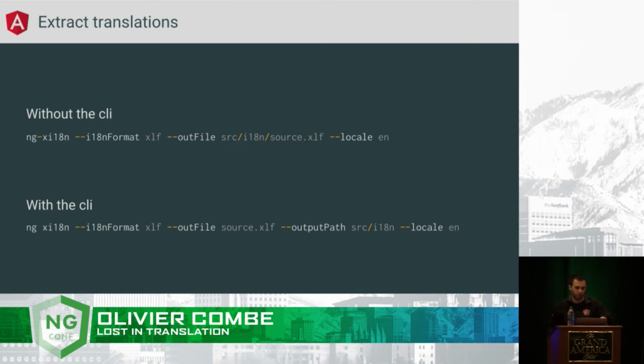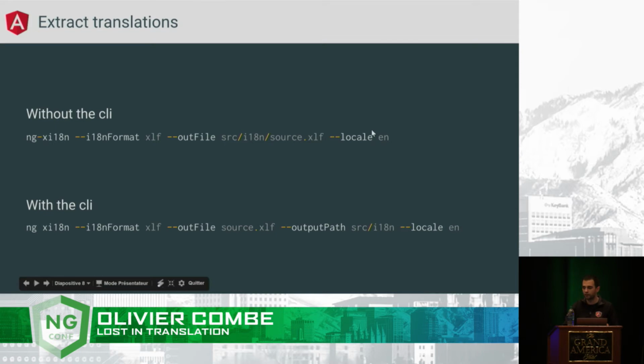And the parameters are all the same with or without the CLI. You just remove the dash here. And with the CLI, there's just one thing that you can use. It's the output path. So when you say that your file will be an XLF file, you have two choices, XLF or XMB. I will explain later what the difference is. And the out file, you can give a path here, but with the CLI, you can put the path in output path if you prefer.